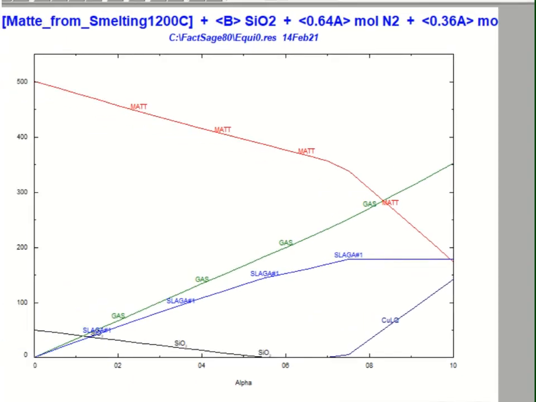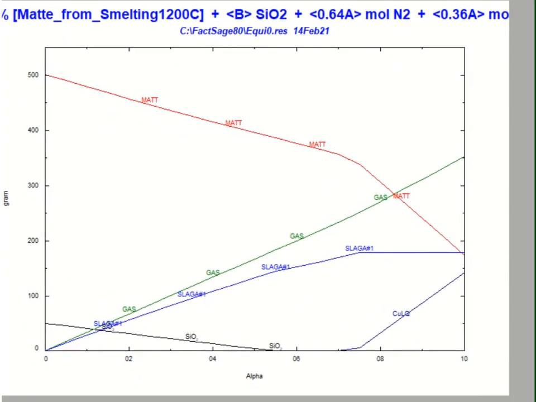Let's look at it again. So if you look at this result, in grams, here this is CuLq starting to form, which is not good, and this SiO2 is all gone. So somewhere here we can probably have the good condition. So somewhere about 6 to 7 you can probably have the most ideal condition.